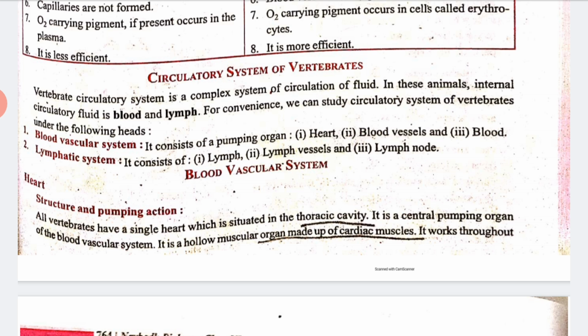The blood vascular system consists of the pumping organ, the organ which pumps inside our body, we all know that is the heart, and blood vessels and also the blood. The lymphatic system consists of lymph vessels and lymph nodes. Clear?